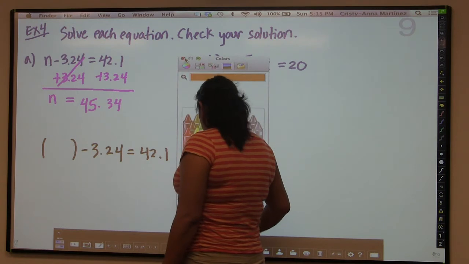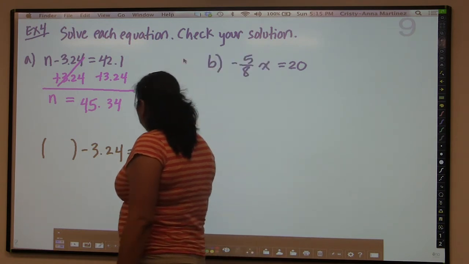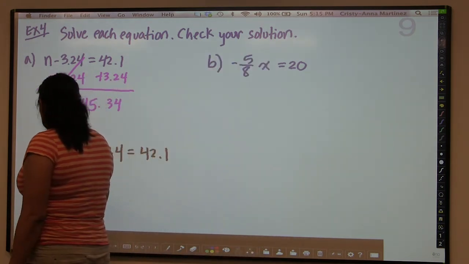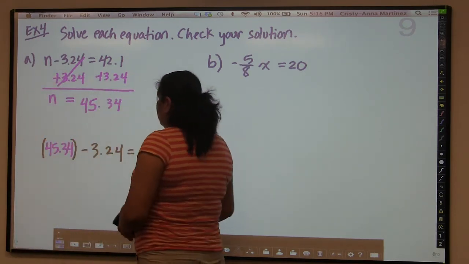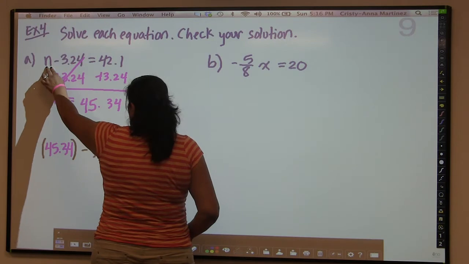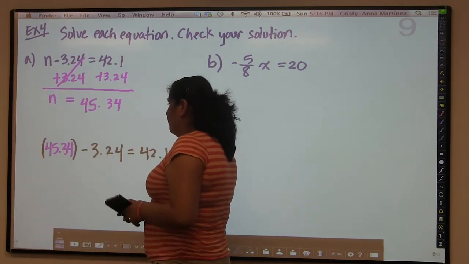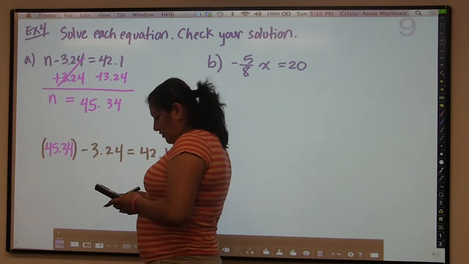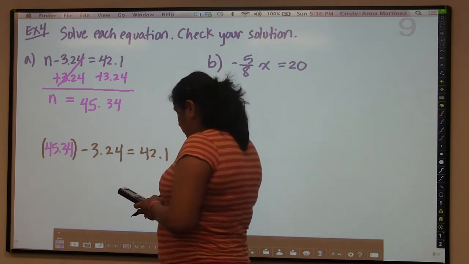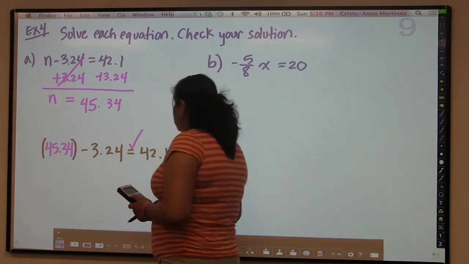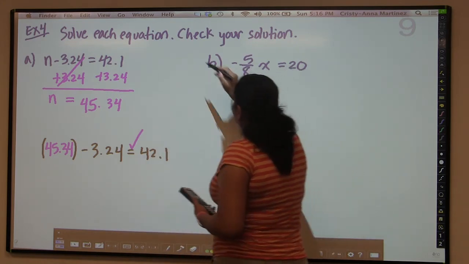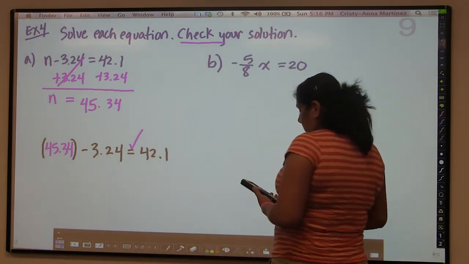And since in our problem our answer was 45.34, I am substituting the n value from the original equation and replacing it with 45.34. Then I'm going to take 45.34 and subtract 3.24, and it is in fact 42.1. So you want to check your solution, make sure that you're correct, okay?